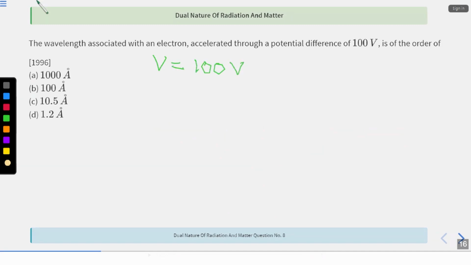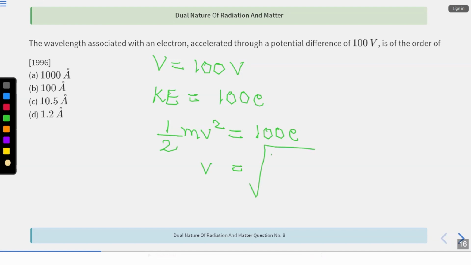We know that the kinetic energy acquired by any electron, let's call it KE, will be equal to 100 into e, right? So half mv square is equal to 100 times e. Yes, e is the charge, right? So I can tell that my v is equal to root of 2e into 100 divided by m.